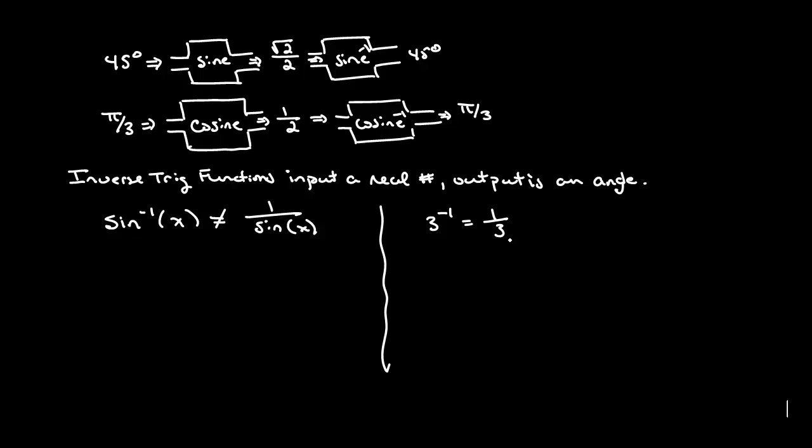Now this is true because these two guys are what are called multiplicative inverses. Function inverses are different, so this does not apply here anymore. So for notation, we write this little negative 1, but it does not mean to take the reciprocal. Therefore, since 1 over sine is cosecant, the inverse sine function is not cosecant. This is a reciprocal. This is an inverse.